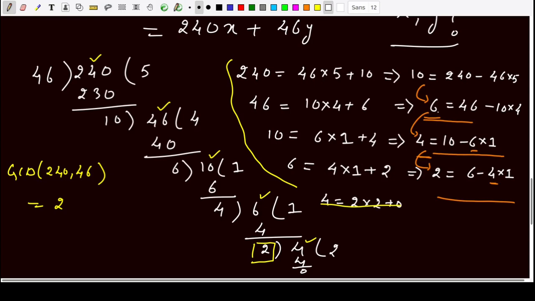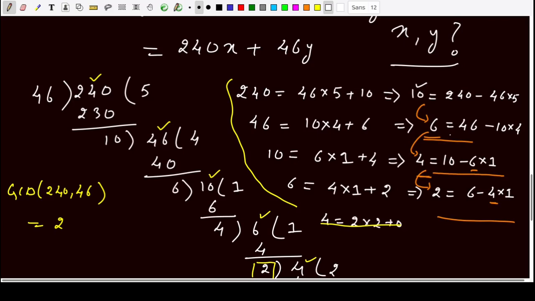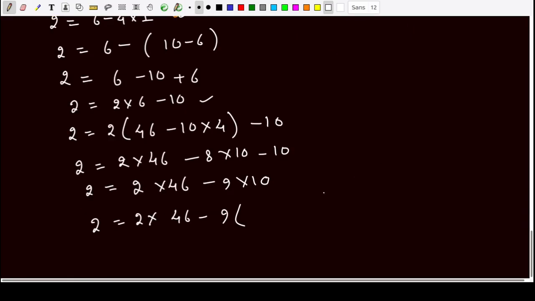So we have substituted the value of 6. Now the value we want to substitute is the value of 10: 10 equals 240 minus 46 into 5. So 2 into 46 minus 9 into, what is the value of 10? 240 minus 46 times 5.